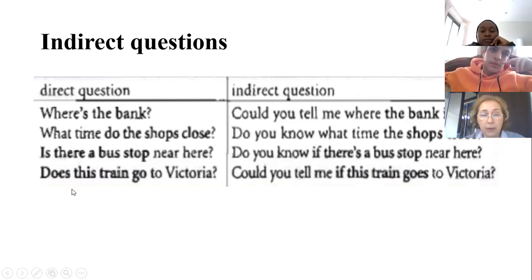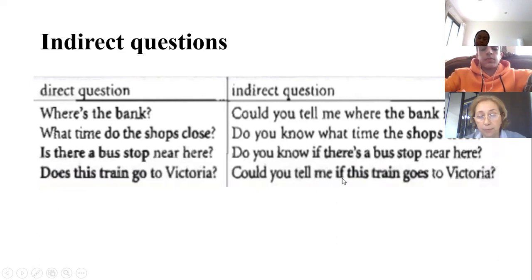And the last example here, this is also a general question. Does this train go to Victoria Station, for example? The question starts with the auxiliary verb does, which shows that this is the question. But when we say the same idea with the help of could you tell me, we also need to add if.